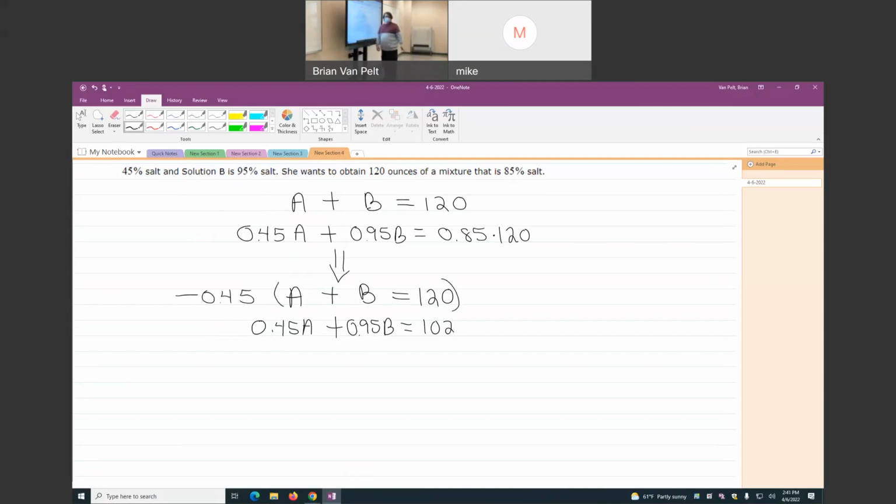Obviously, the intent is to wipe out the A's. So this system of equations next becomes negative 0.45A minus 0.45B equals, you have to do it also to the 120, 54.